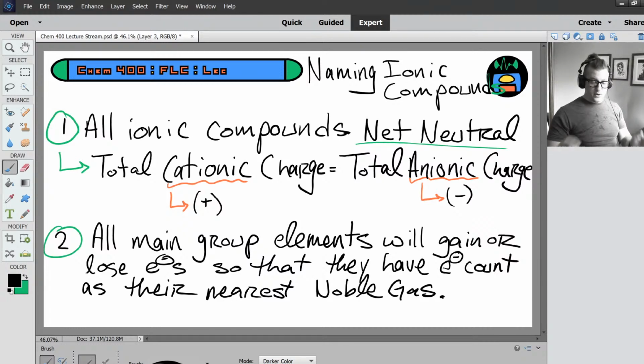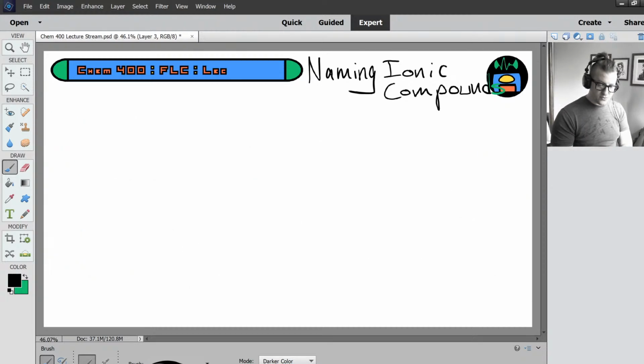Now here, this is the principle that we're going to use to determine the individual charge of your anion and cation in an ionic compound. The fact that all main group elements want to have the same electron count as their nearest noble gas, let's dig into this for a little bit.